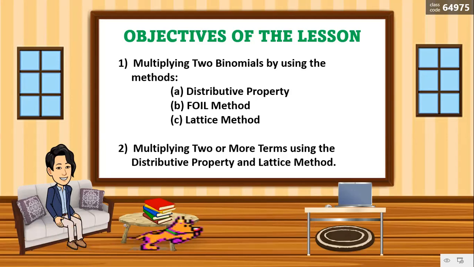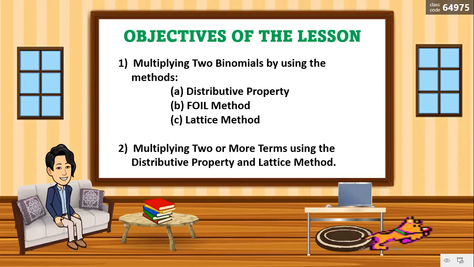Okay, very good. So these are the learning objectives or the learning competency that we are going to learn this week. Ito yung tinatawag natin algebraic methods. So pagdating nyo kasi ng grade 8, you are going to use this to multiply and to factor out or break.